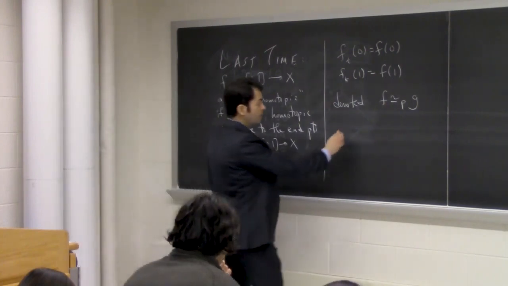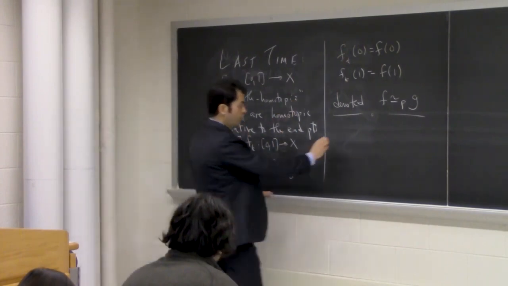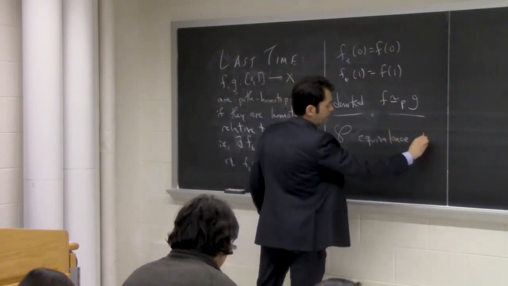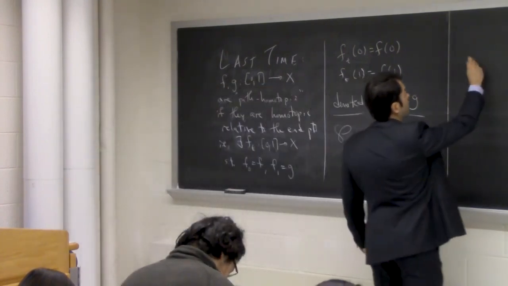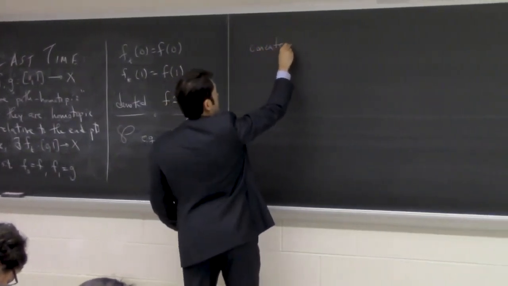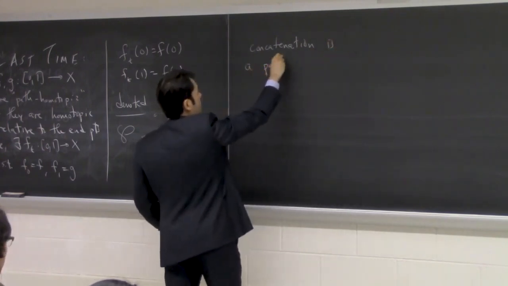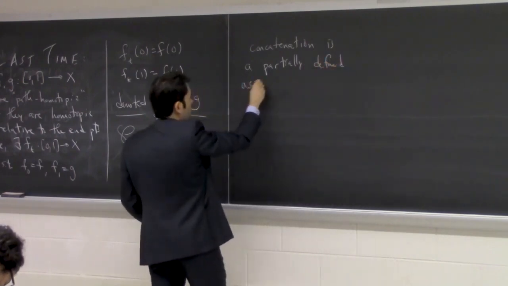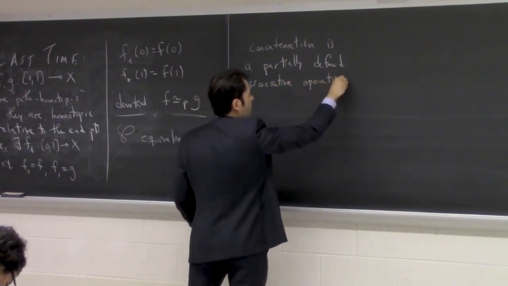Okay? Then we talked about how this forms an equivalence relation, and we denote the equivalence classes of paths by curly P. We saw that concatenation is a partially defined associative operation, right?